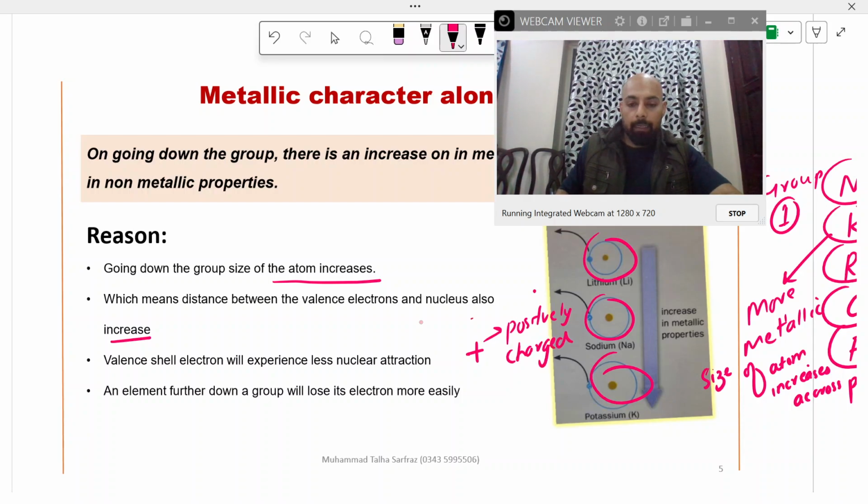And here we have an electron, which is negatively charged. Now there is a force of attraction between these two. This force of attraction does not let the electron go easily, and we all know that metals are good donors of electrons.